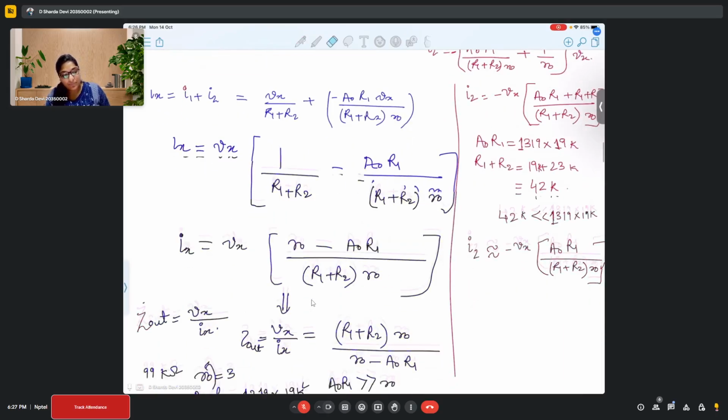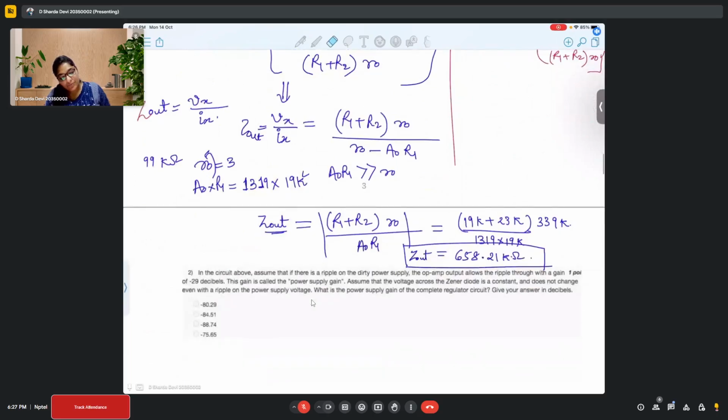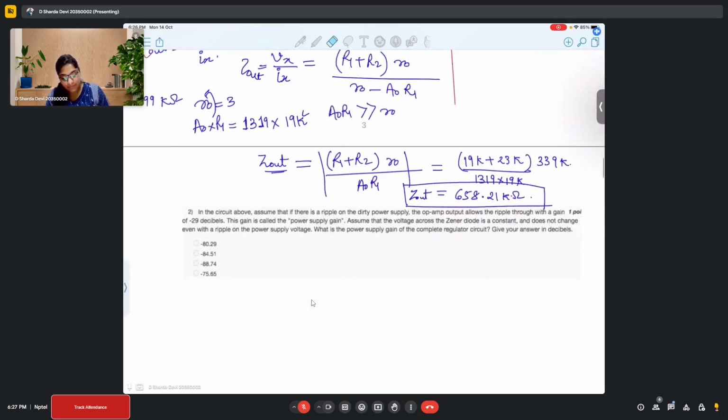Now let's move on to the second part. One thing to observe very carefully: Z out is R1 plus R2 by R1 into R naught by A naught.